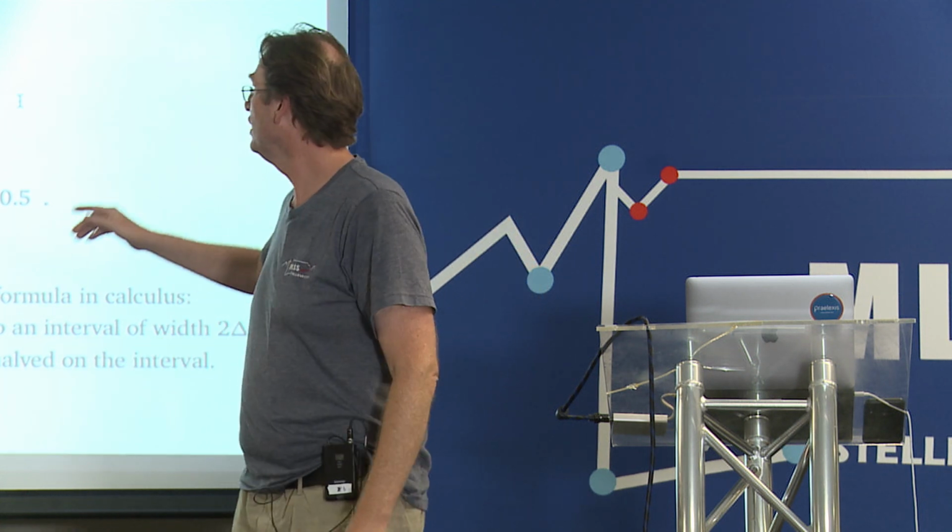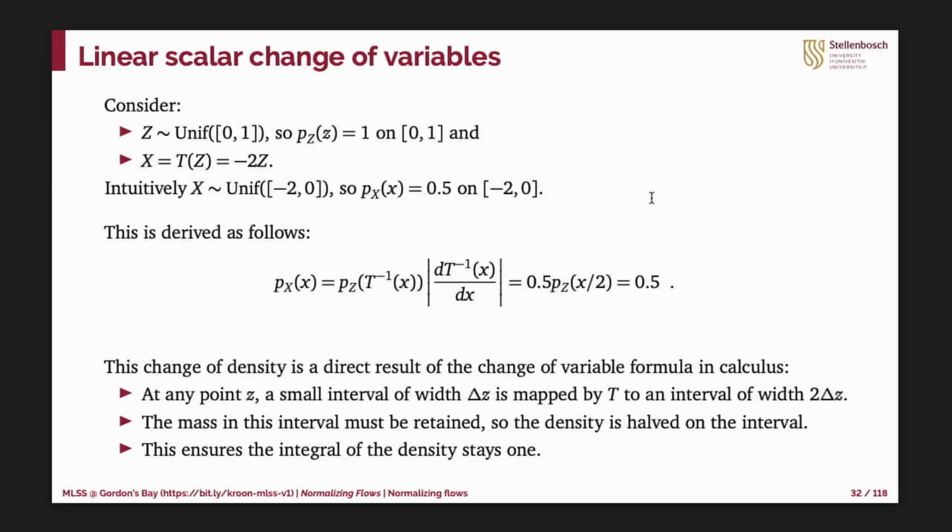Okay. So I need to take into account this change in density, and the change in density formula we use takes this derivative into account, and this is something that you will have seen as soon as you did change of variables in calculus when you're trying to compute integrals. Okay, it's exactly the same result.